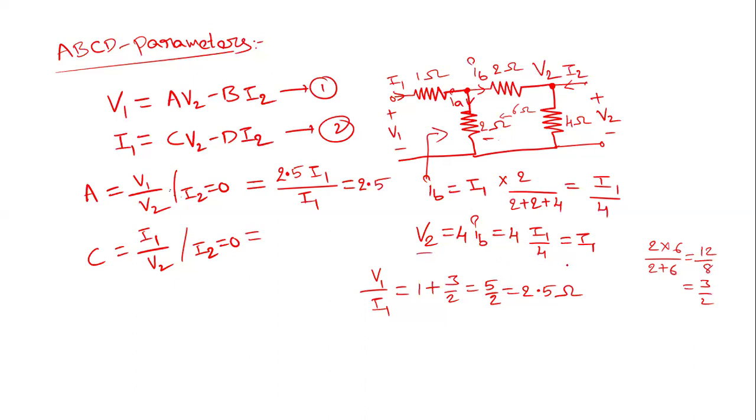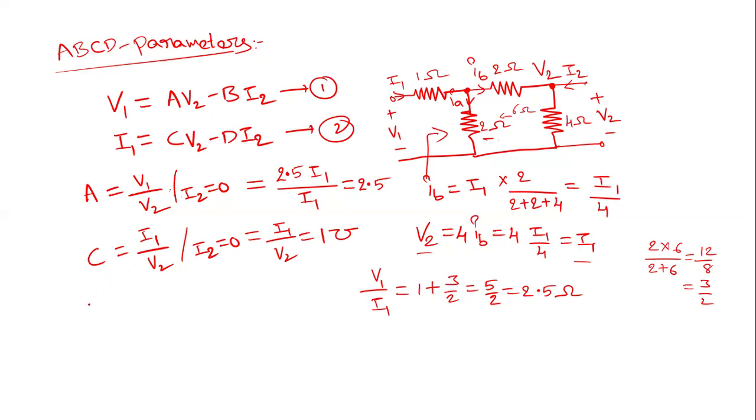We have seen the relation between I1 and V2 is V2 equal to I1, so this ratio I1 by V2 is equal to 1. It's equal to 1 mho. The unit for C is mho, and A is V1 by V2, so this is 2.5 only, a voltage transfer ratio. A is the voltage transfer ratio and C is the transfer admittance.